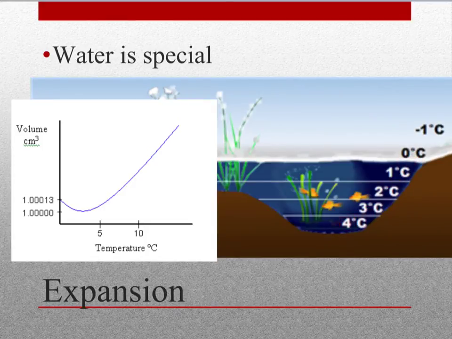And so normally, if something got colder, you would have all the solid pieces on the bottom. But because frozen water at 0 degrees Celsius is less dense than water at 4 degrees, that's why ice floats. So ice is one of the few things that is less dense in its solid state than it is in its liquid state. And this allows fish to live in the winter in very cold places.